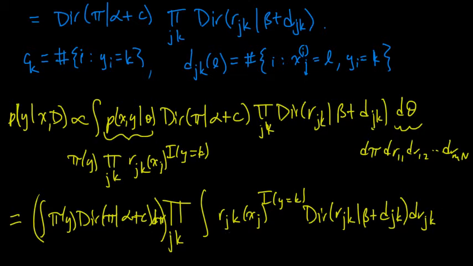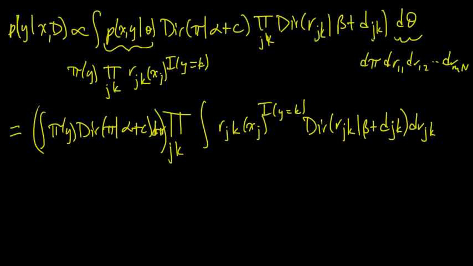So let's see what we can do here. Let's look at this one first. What is this? Well, this is just the expected value, right? We're integrating with respect to a probability distribution. So this is just the expected value of pi of y under this posterior distribution. We know what the expected value of a Dirichlet distribution is.